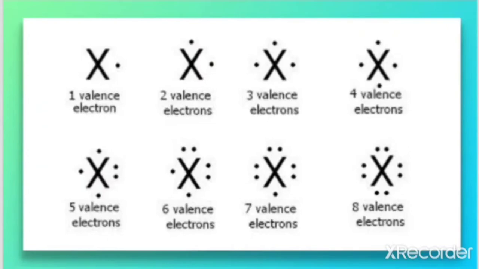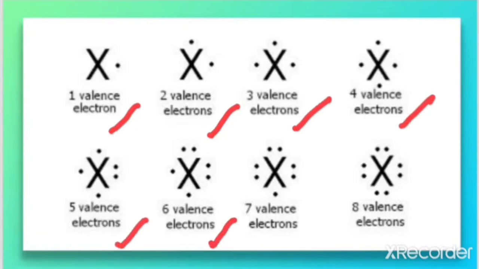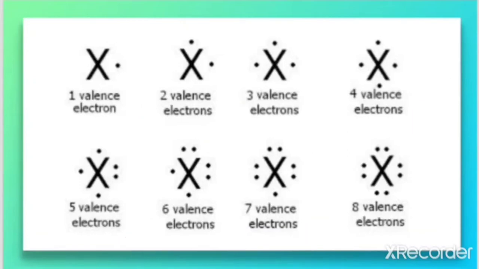If a single valence electron is there, we represent it in this way. If there are two valence electrons, it can be represented in this way. If 3, 4, 5, 6, 7, 8, it can be represented in this manner. Look here at the way of writing for 8 electrons.